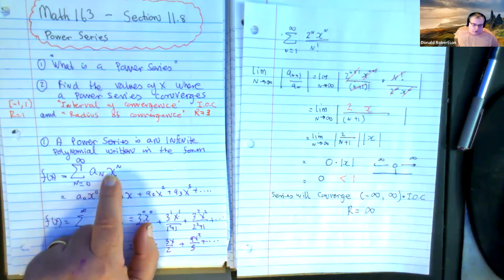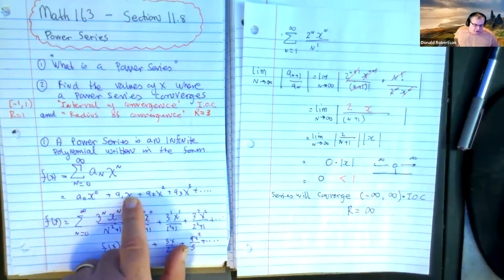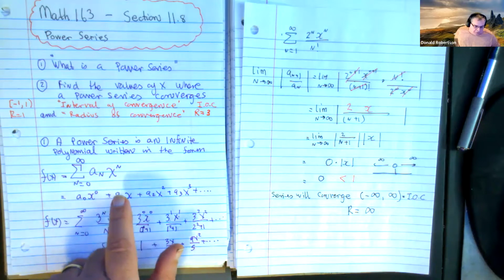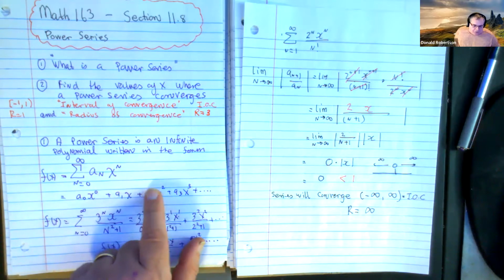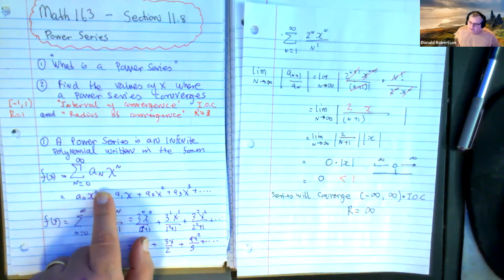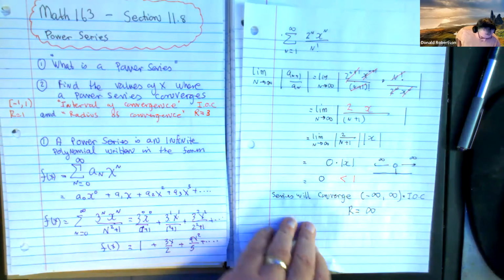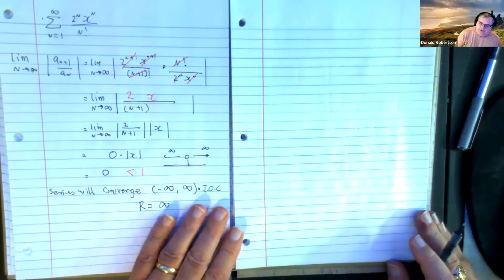And you might say, well, how do I know it's guaranteed to converge? Won't all of these guys here be, well, who knows, 5 times nothing, 4 million times nothing, 3/4 times nothing? Won't they all be zeros? And so x equals 0 is guaranteed to be a solution to any power series.